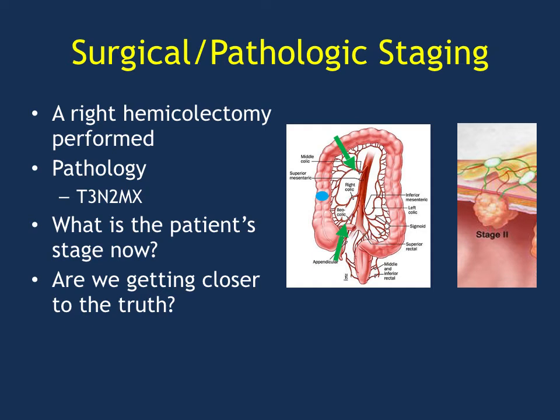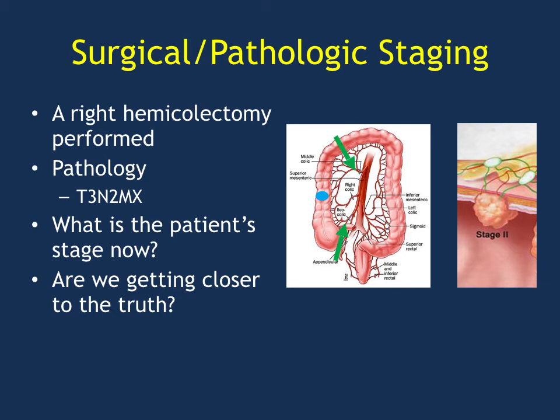The surgery itself has provided us information regarding his lymph node status, which is in this case unfortunately positive. So he's stage 3. So we went from probably stage 1, 2, 3 to stage 3 now. So are we getting closer to truth? Yes, I think we can say that we are getting closer to the truth.